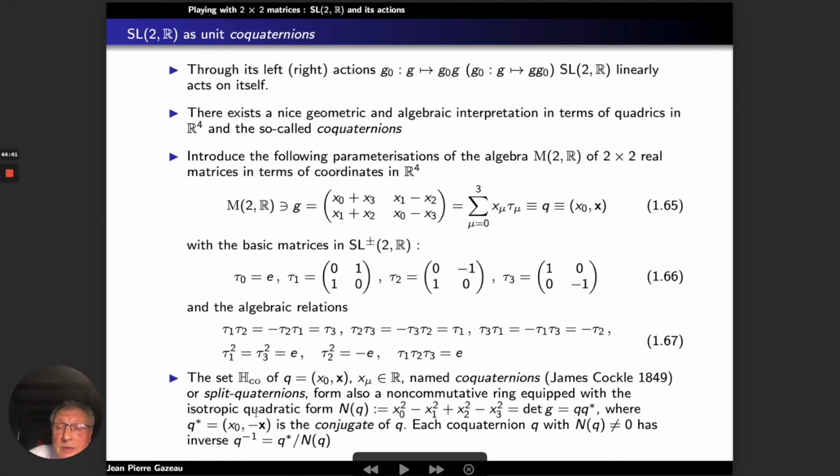And the set, denoted in this way, of elements in R4 where you have what we call a scalar part, which is equal to x0, and the vector part, which is equal to the triplet x1, x2, x3.